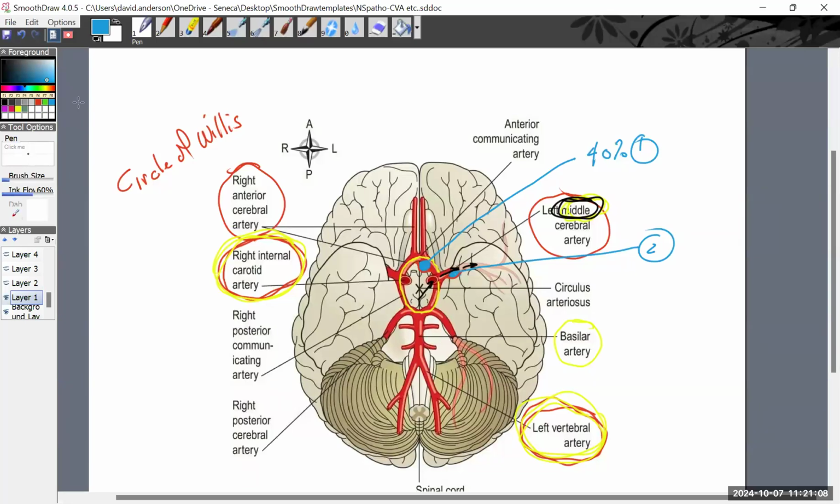We can have one that comes off of that junction just between the internal carotid and the middle cerebral artery would be the number 3.